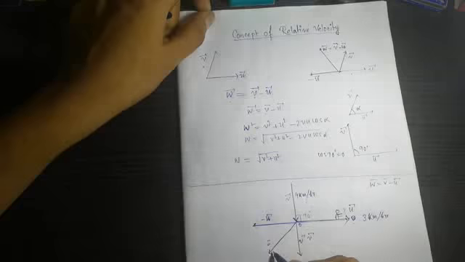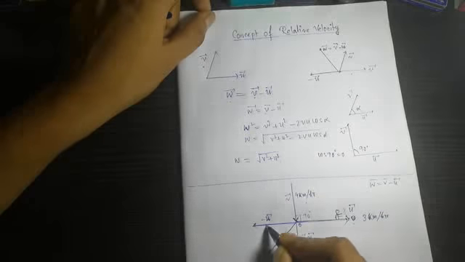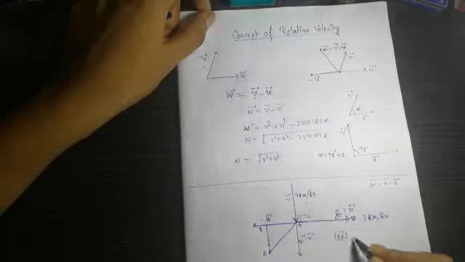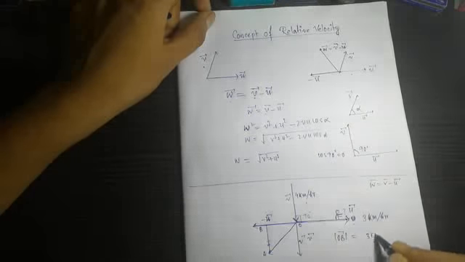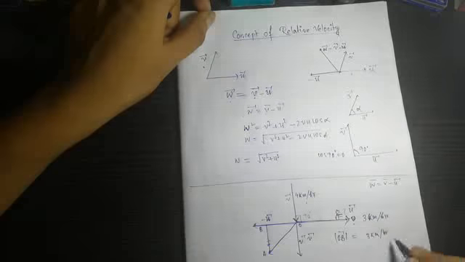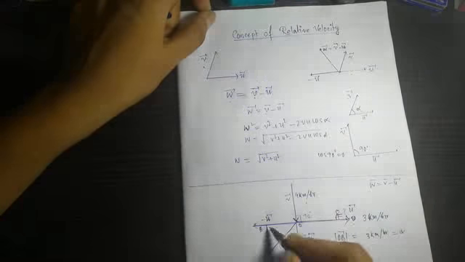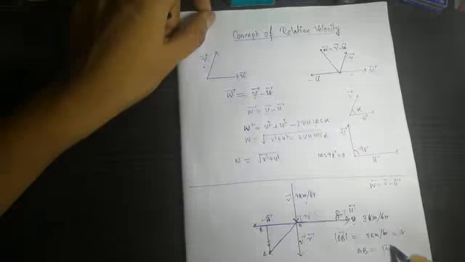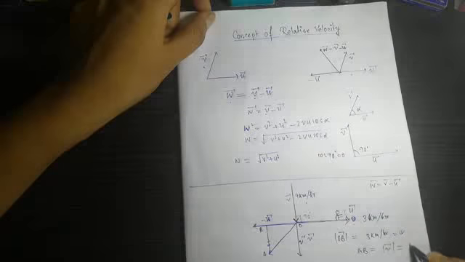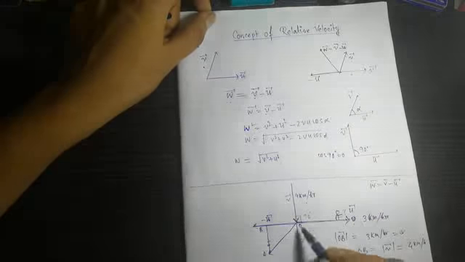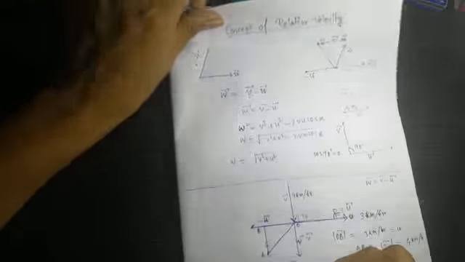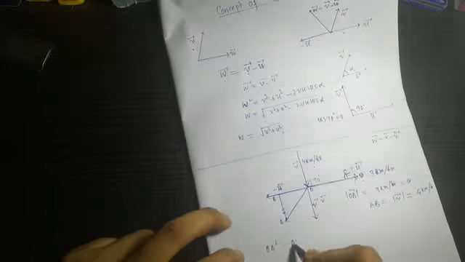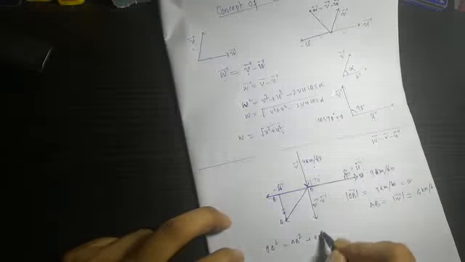Let this point be O. Suppose this is A and this is B. Here the magnitude OB is equal to 3 km per hour, which is u, and the magnitude AB is equal to v, which is 4 km per hour. Now from this triangle OAB, if you apply Pythagoras' law, you will find OA square equal to AB square plus OB square.